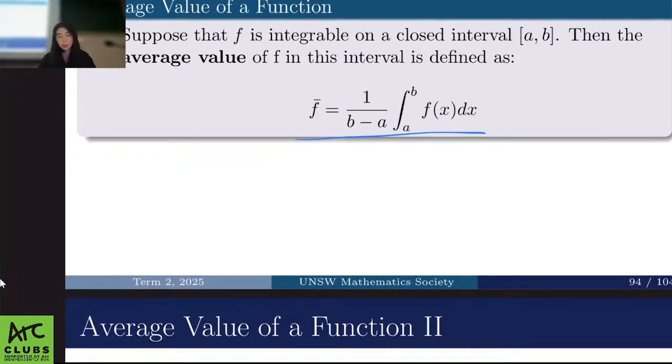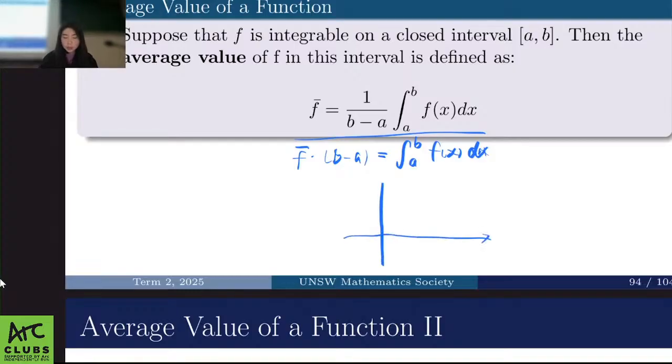So what this essentially represents is, notice if you rearrange this formula, you get average value times (b minus a) is equal to the integral from a to b of f(x) dx, right? And note that this right-hand side just represents the area under the graph of f(x) from a to b.